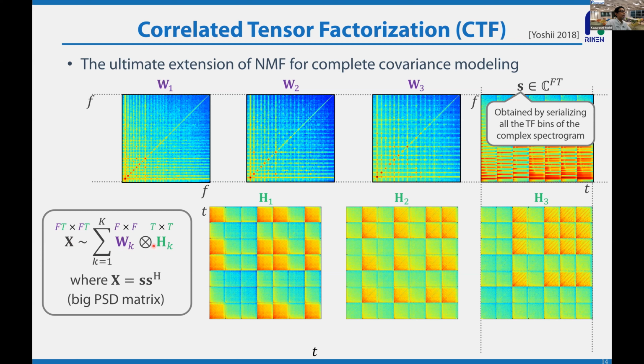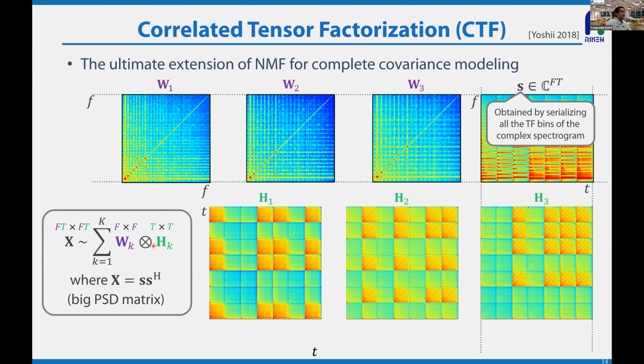Okay, so this is a very strong motivation. Conventionally, only the inter-channel covariance structure is considered. However, we aim to consider the full covariance structure in the time, frequency, and channel domains.